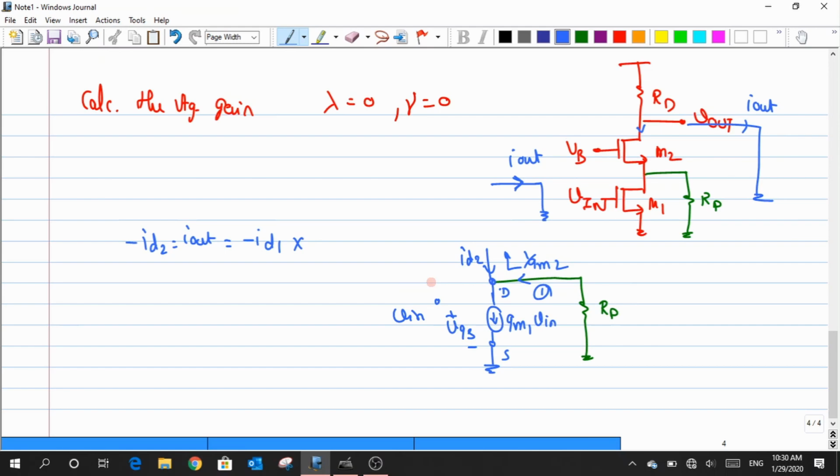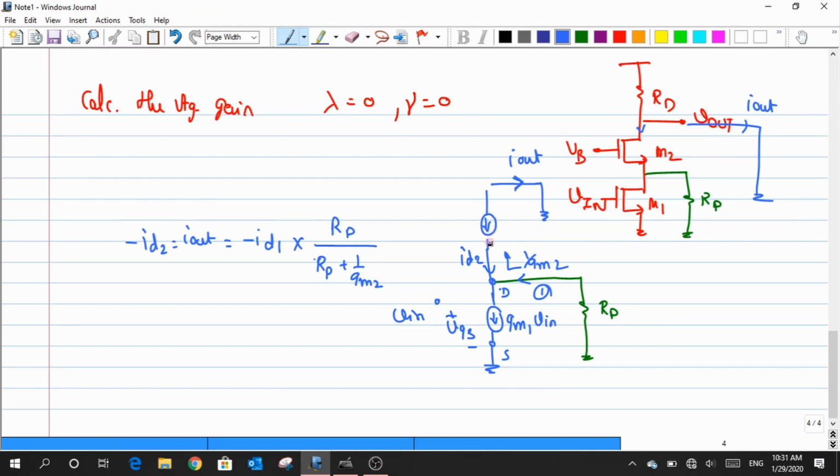Based on the network theory subjects that you have learned, you have to consider the opposite resistance, which is RP divided by the sum of both the resistances, RP plus 1 by Gm2. That gives me the value of current that flows through this M2 transistor, and that is the current that is being taken out as I out. Clear?